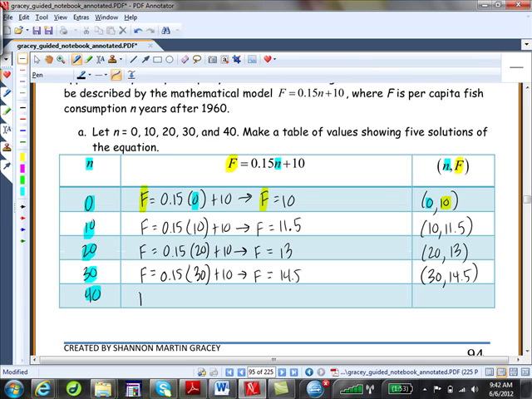And the last ordered pair, 0.15 times 40 plus 10. F will end up being 16. So we'll get 40, 16. So this is where we plugged in for n, and this is what we got out for f, what we're solving for.